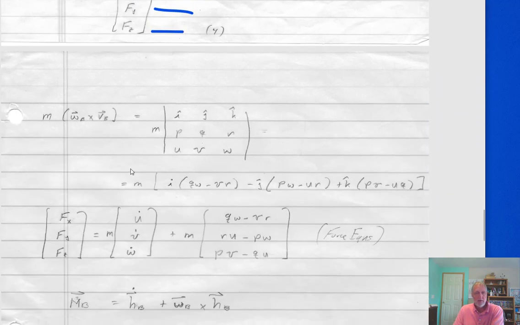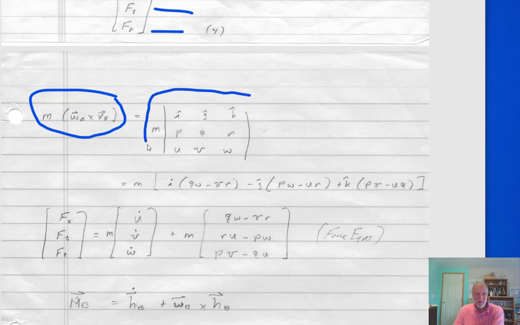All right, so you can choose your own favorite method of taking this cross product. You can brute force it, I cross J is K, K cross J is negative I, and so on. Or you can do this determinant method, which I think is what most of you learn nowadays. So you put ijk up here, you put the first vector here and the second vector here, and then you take the determinant. So you get I times the determinant of this.